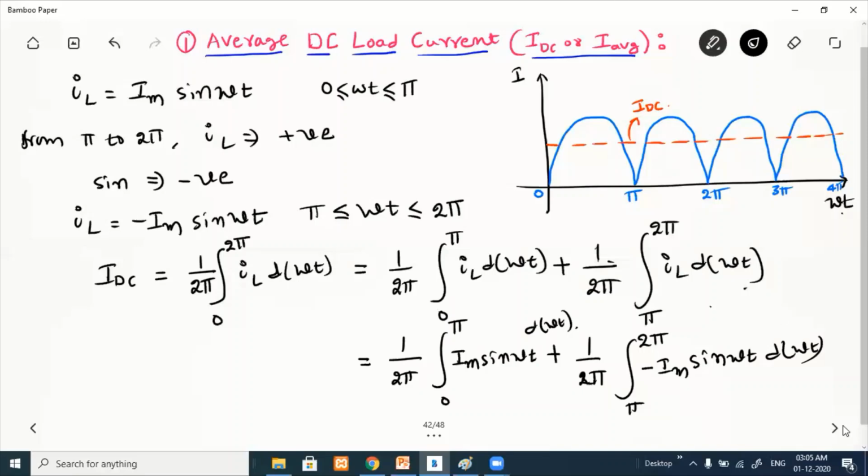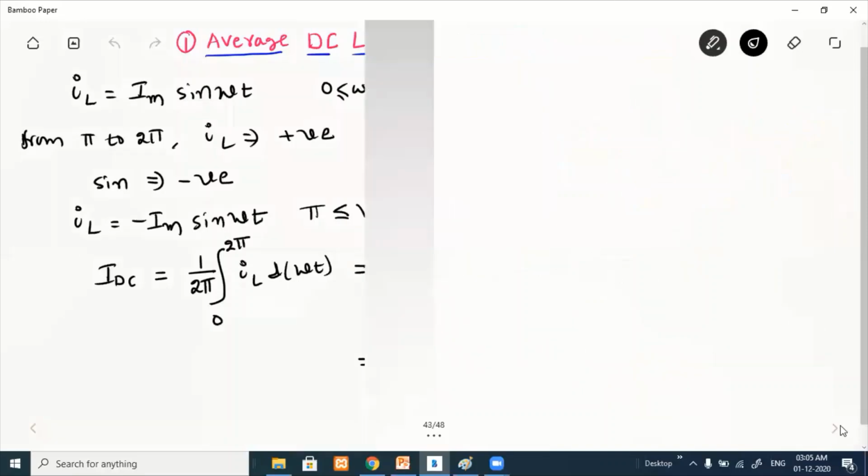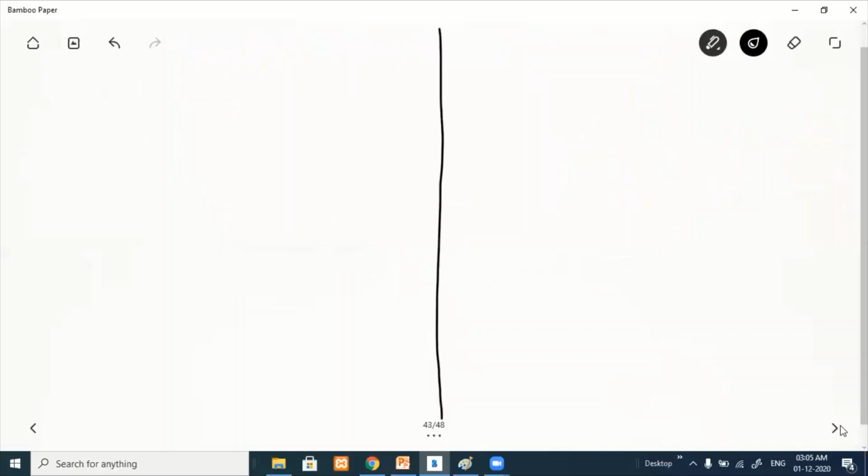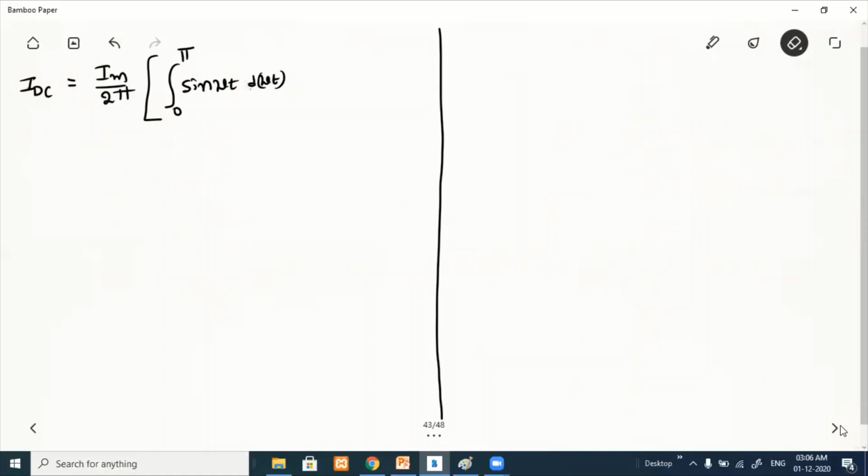Then IDC equal to, so in both the terms Im is common, so it is Im by 2 pi integral 0 to pi sin omega t d omega t minus integral pi to 2 pi sin omega t d omega t.